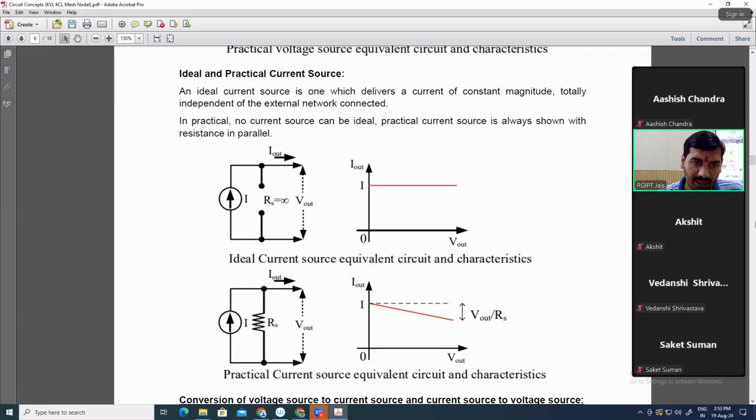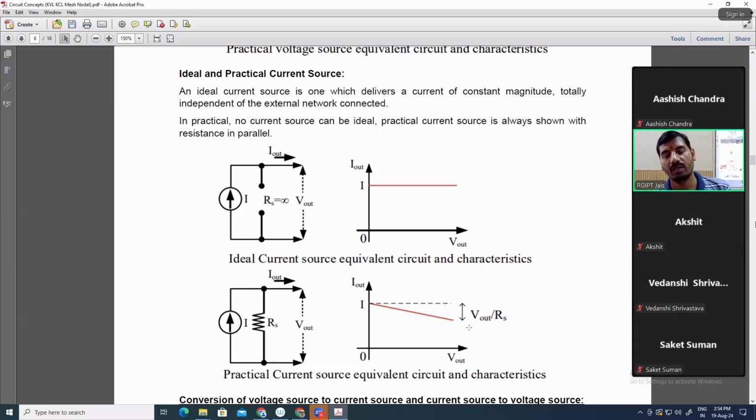When current in RS increases, I output will decrease, because I is equal to I output plus current through RS. Based on the increment of V out, the current through RS will increase, and I output will decrease.